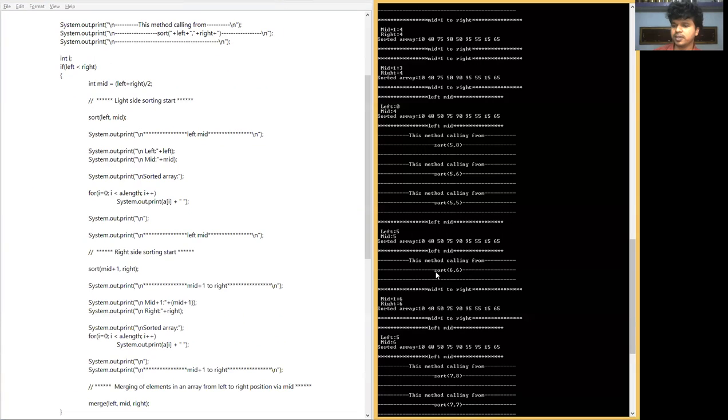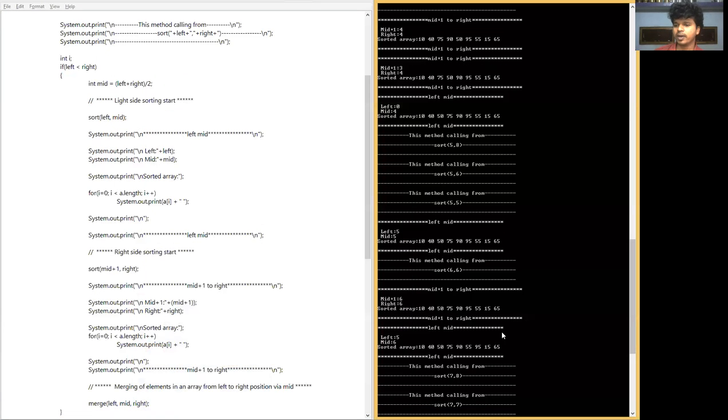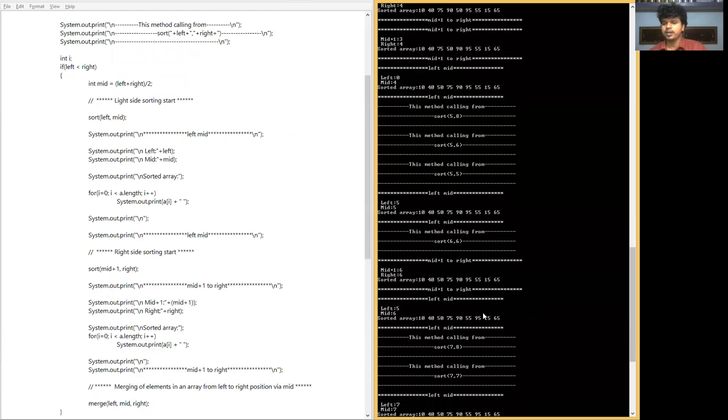After that, evaluating these individually, these 5, 5 and 6, 6 came from 5, 6. So the 5, 6 elements are going to be evaluated. After evaluating this left and mid, see here, up to this 95 is in front of 55. That is existing in the first place before 55.